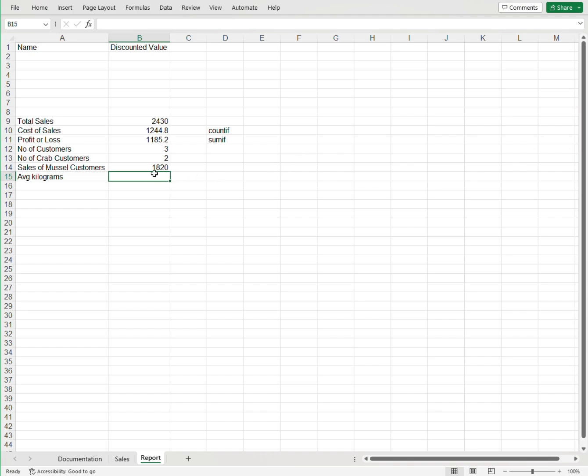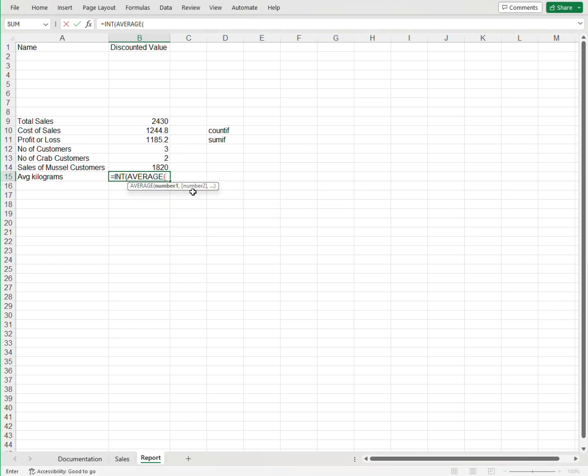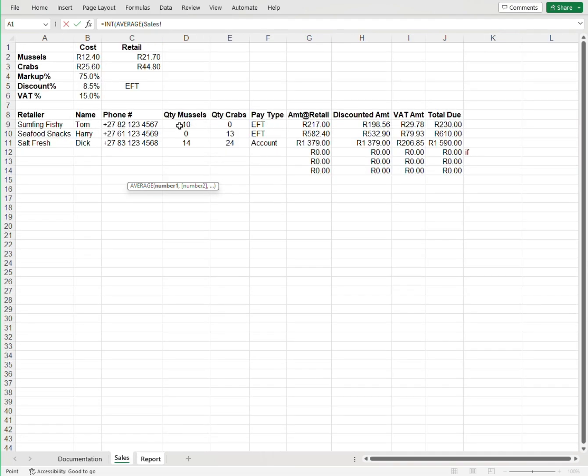So you will start with int, and then you say average. Int average, and then we'll come this side and select, because they said both, you want for both the mussels and crabs. So you press enter. Oh, here I forgot to put the bracket. Just press yes, and then you get your answer, and then you will format it.